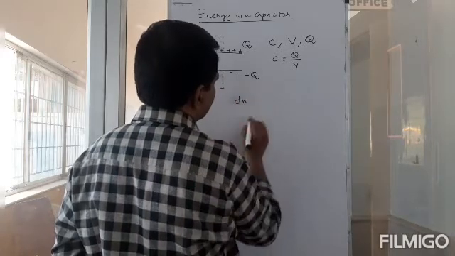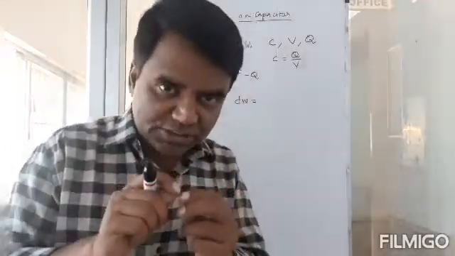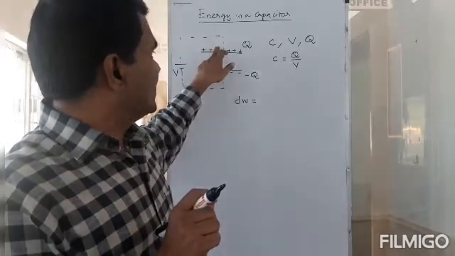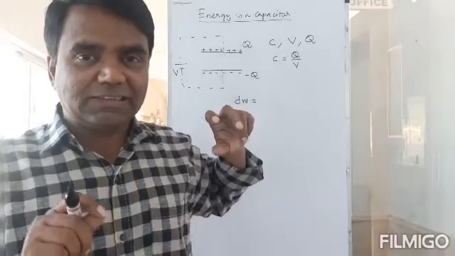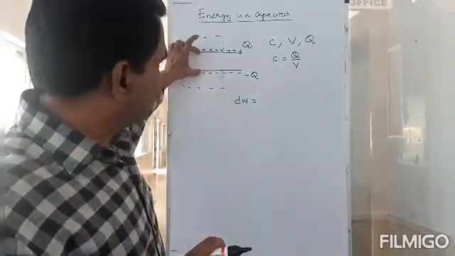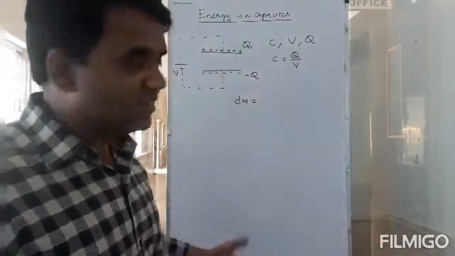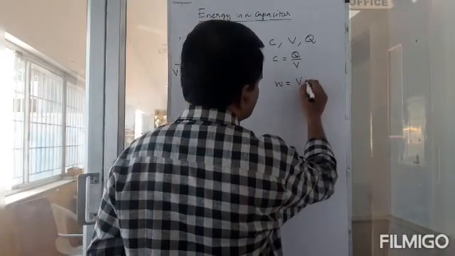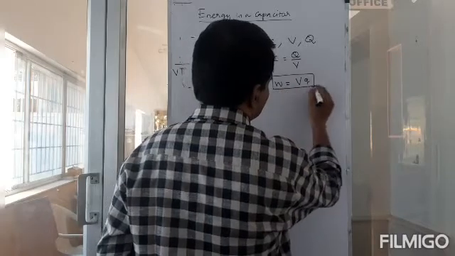The small amount of work you will do when you take a small amount of charge from this plate and place it here depends on the voltage difference between them multiplied by the charge. Work done is equal to volt into charge, right?